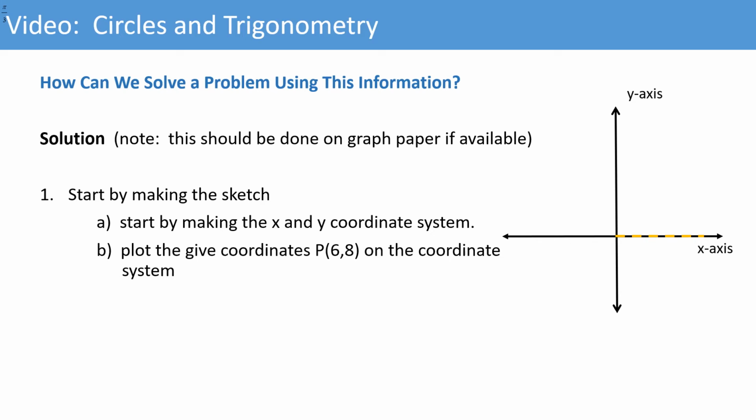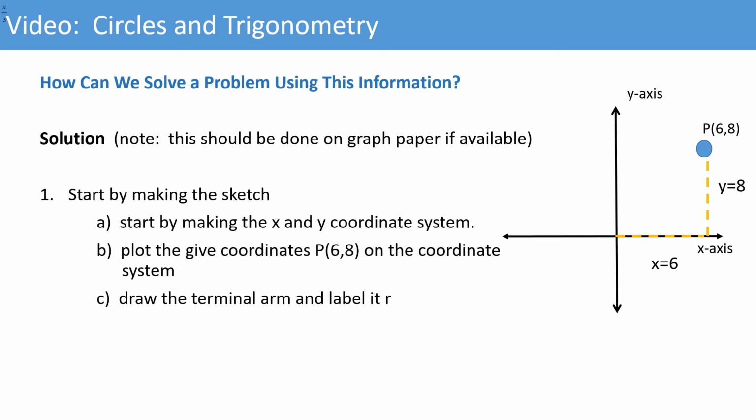Start with the x at 6, y at 8, and then we will have point P with coordinates 6 and 8. Then draw the terminal arm and label it r. Add the reference angle theta.